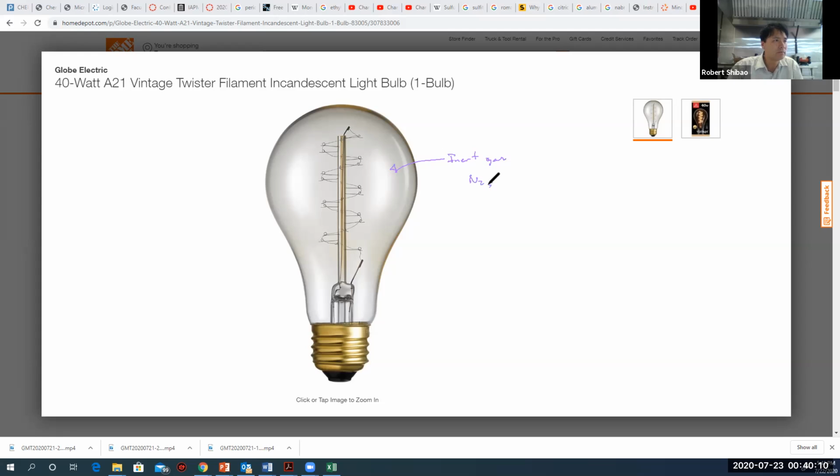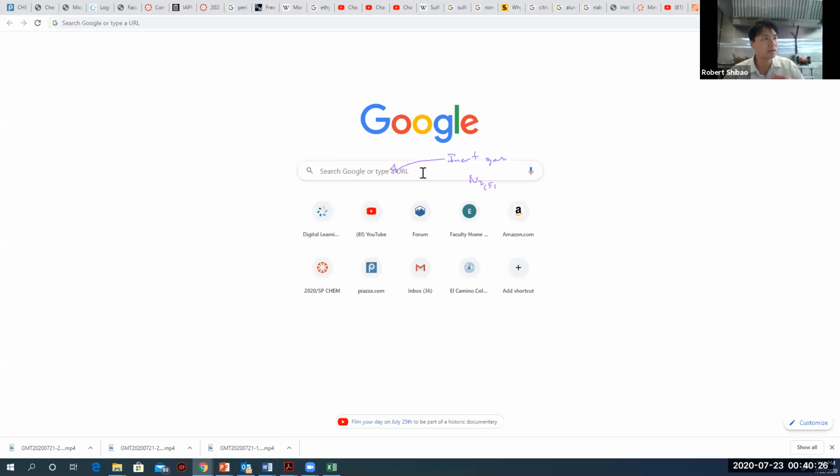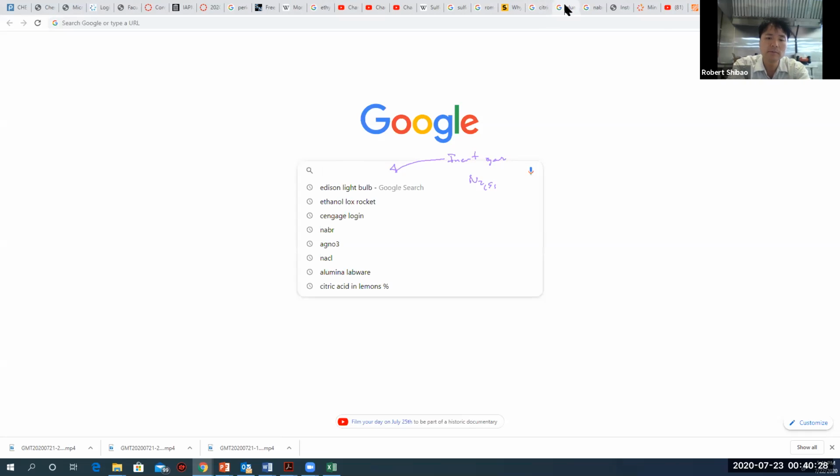Nitrogen might form a tungsten nitride. I've got to worry about nitride. Let me see how easy it is to make tungsten nitride, because nitrogen can also act as an oxidizer. It's just not as good of an oxidizer.